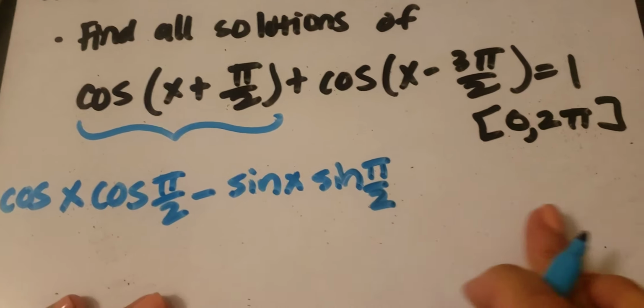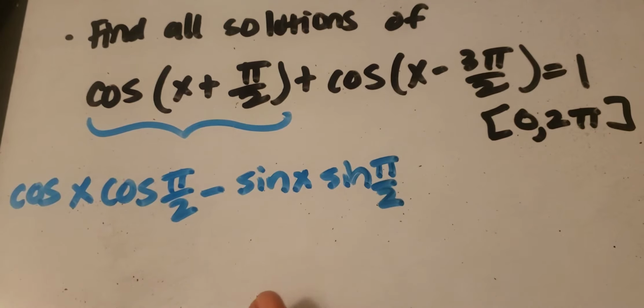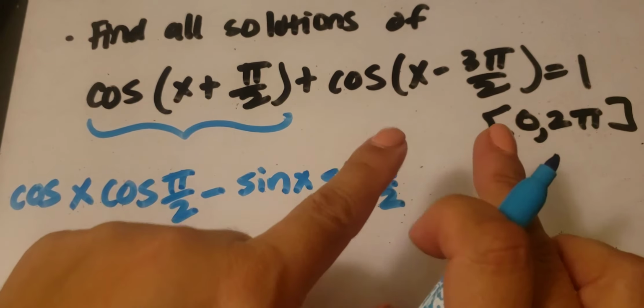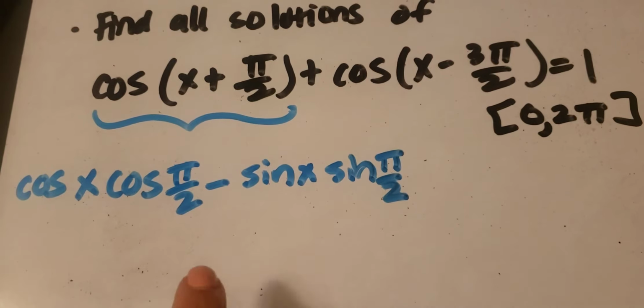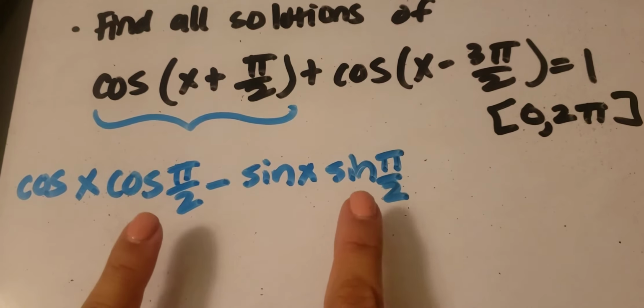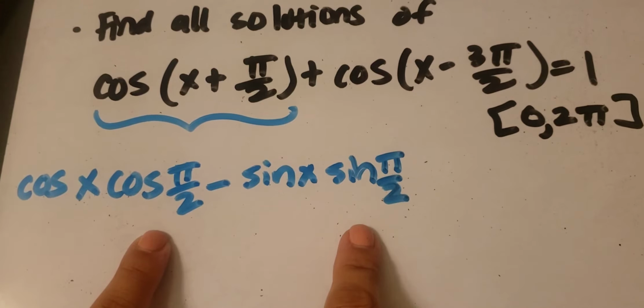I don't have a lot of room here, so I'm going to simplify this one as much as I can, and then I'll work with that one. If you look at the unit circle, we can find values for both cosine of pi over 2 and sine of pi over 2.